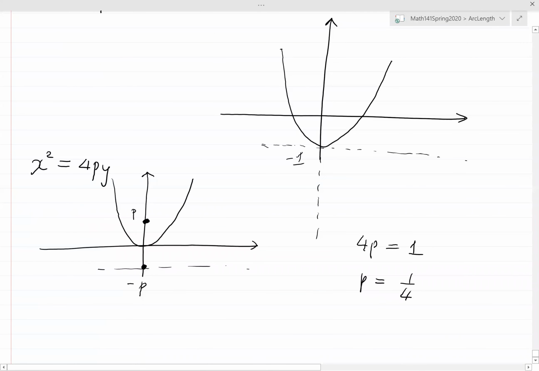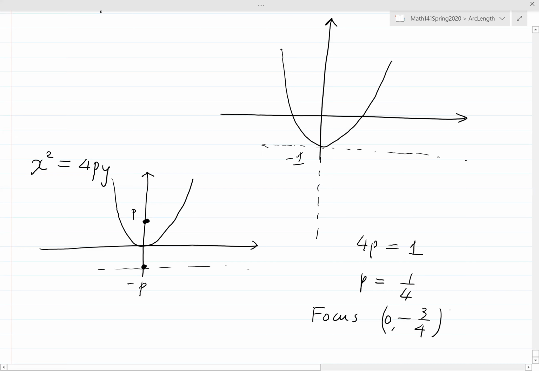So if you translate downward by 1, then the focus will be translated a quarter downward by 1, so you get negative 3/4. That is the y coordinate; the x coordinate is of course 0.